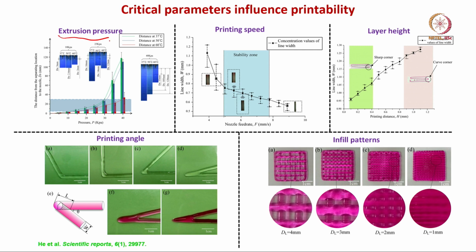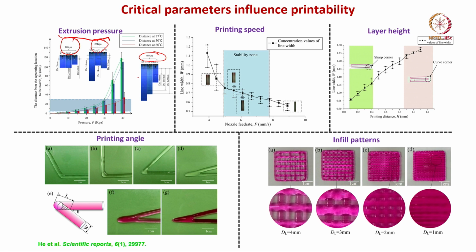One is the extrusion pressure. This is data from published studies, and these are the different stress levels: 10 kilopascal, 25 kilopascal or 40 kilopascal. These are the different stresses that the hydrogels will experience, and under this pressure you see the distance from the separating location.